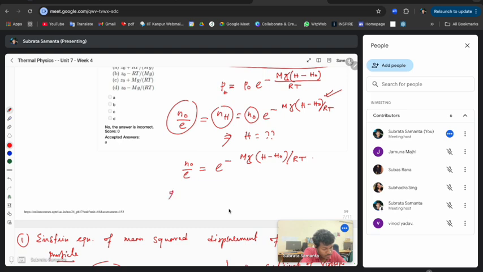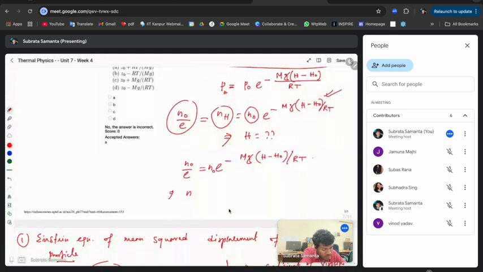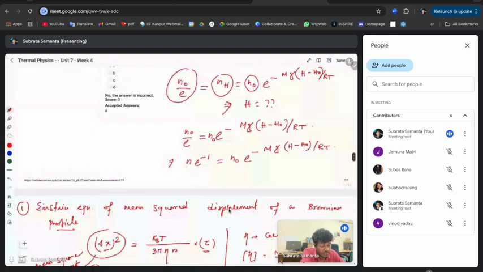So n naught e inverse equals n naught e to the power minus mg(h minus h naught) over RT. The n naught cancels, so this one is to the power minus 1.